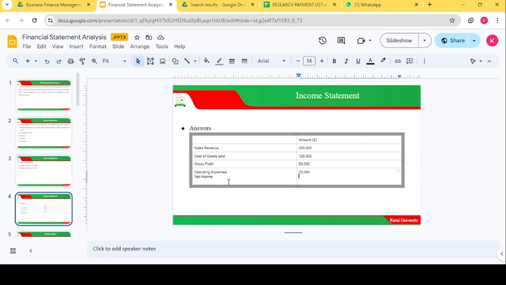By getting our net income or net loss, we get the gross profit minus our operating expenses. So when we subtract, it will give us 50,000. So it means it's a positive answer, which means here we made net income, net profit. So this is how we tabulate an income statement.